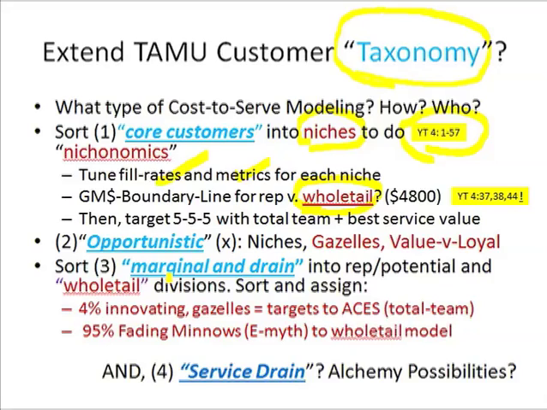But we can't. We don't have the time. We're too busy taking care of too many customers with standard service for which we don't get paid. So that gets us into the 5-5-5 concept, and how do we get the total team to focus on that. So those are questions and opportunities that are just in the core customer area that Texas A&M has identified.